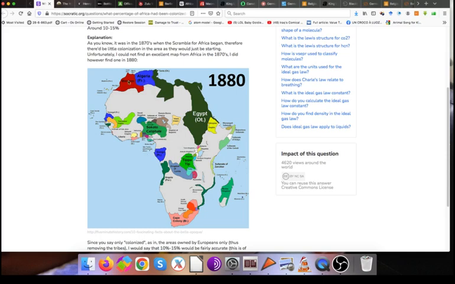And then Portugal had colonies on the western seaboard, just near the Atlantic, and you had Angola. That's the green tiny bit of land here.